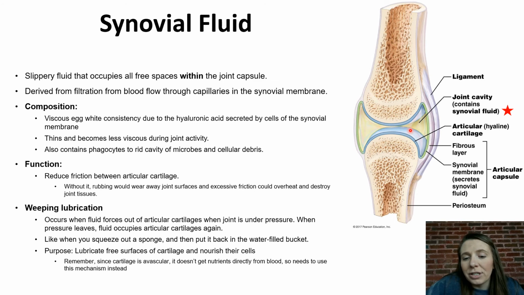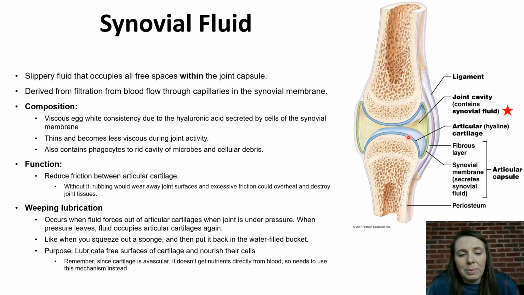And then when the pressure dissipates or is gone, the fluid is going to move back into these cartilages again. So it's kind of like when you squeeze out a sponge. You're putting pressure to that sponge and you're squeezing out the water, and then you put the sponge back down into that water-filled bucket, and it's going to reabsorb the water.